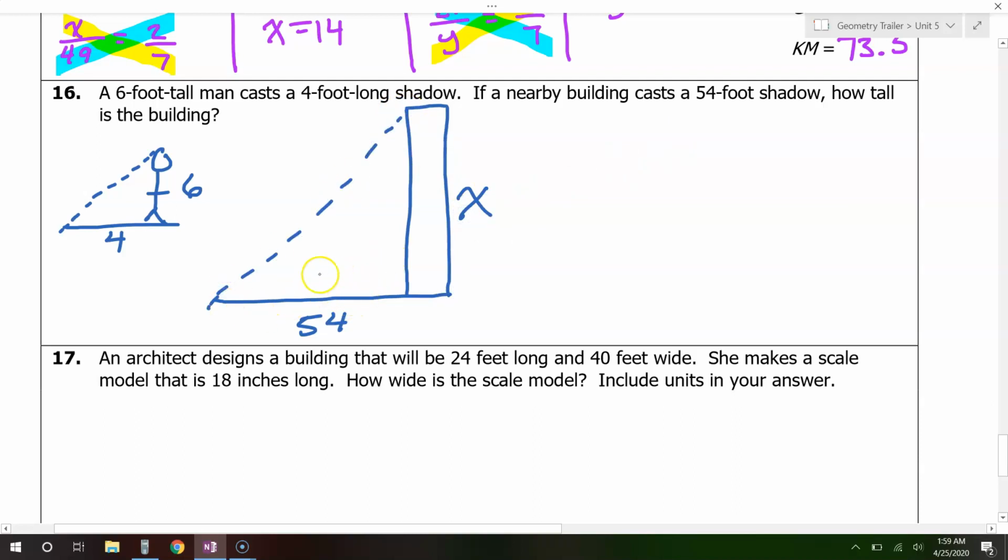All right, so pick one triangle to be new and one triangle to be old. Doesn't matter which one is which. Just write your equations in the form new over old is equal to new over old. So new over old would be x over 6. And then new over old would be 54 over 4. Reduce these.